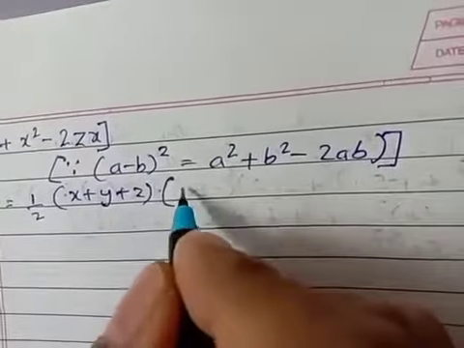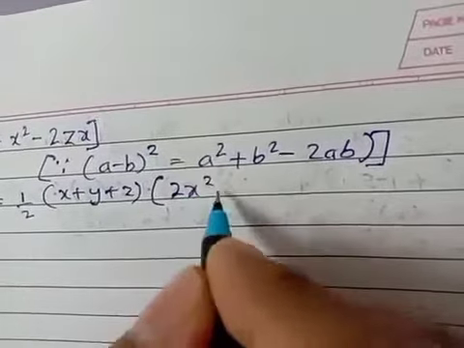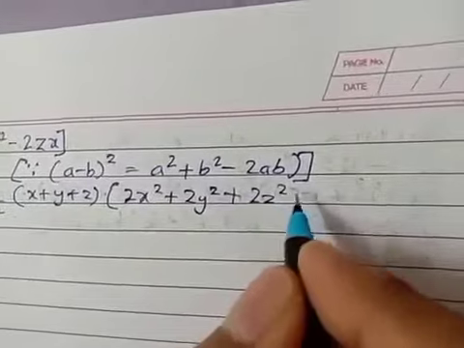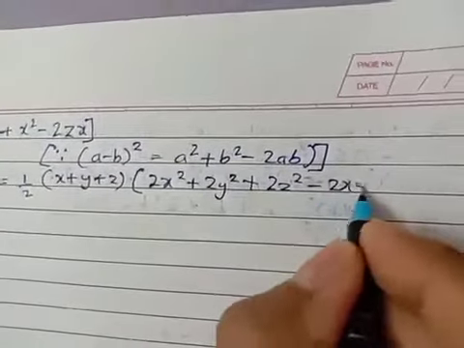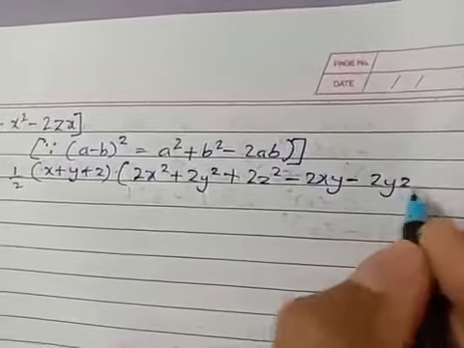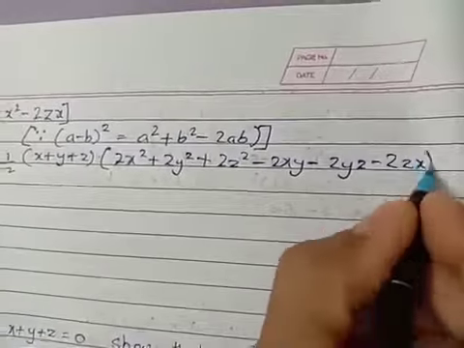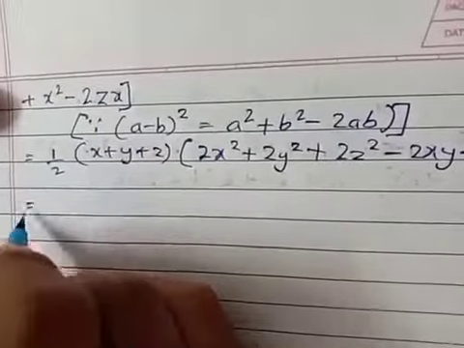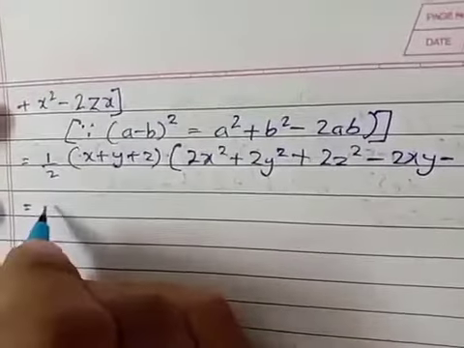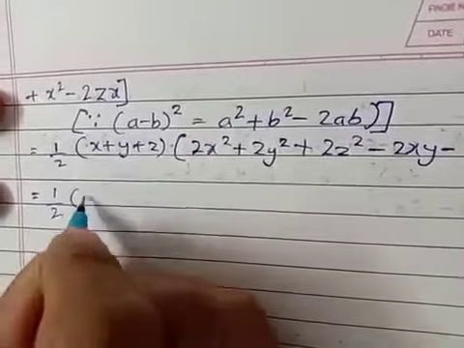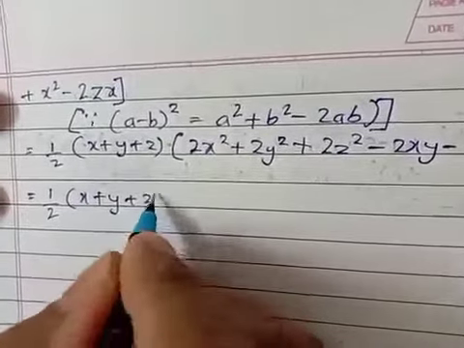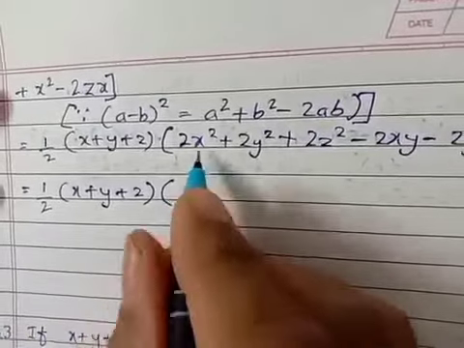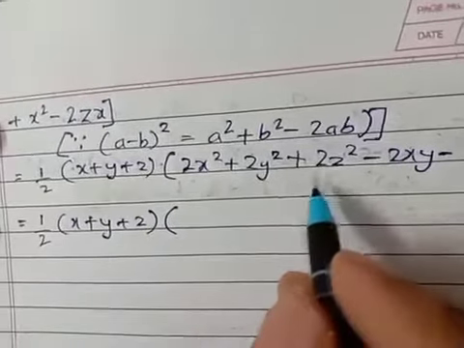This will be 2x square plus 2y square plus 2z square minus 2xy minus 2yz minus 2zx. So now this will be equal to half (x plus y plus z) into bracket 2x square plus 2y square plus 2z square.